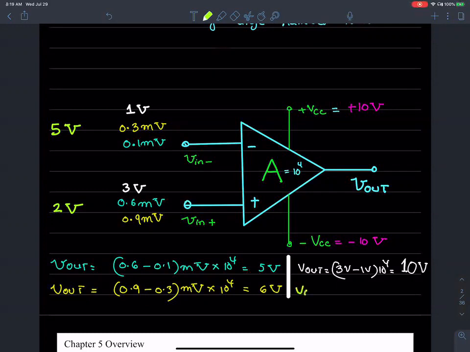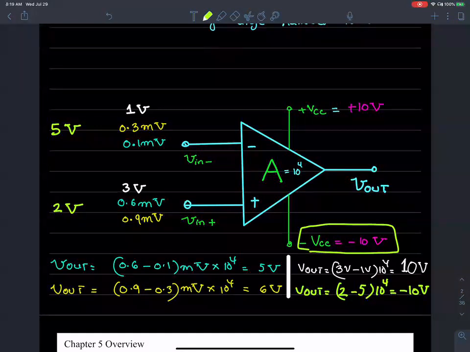V output equals 2 minus 5 times 10 to the 4, which is going to be negative 30,000 volts. So the op-amp cannot provide so much of output because it is capped at the lower power supply, negative 10 volts.